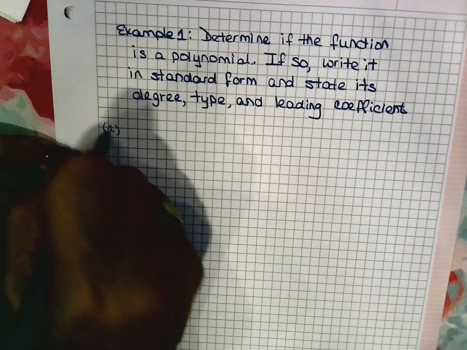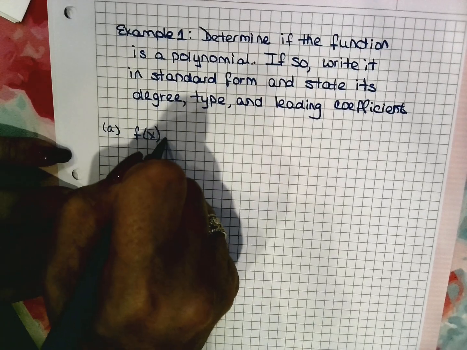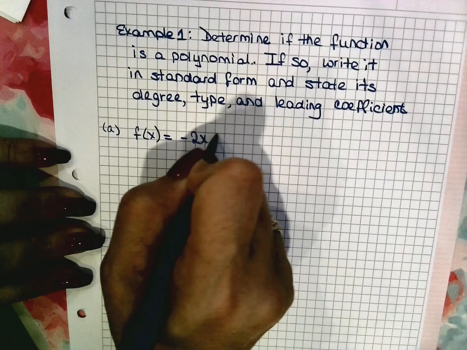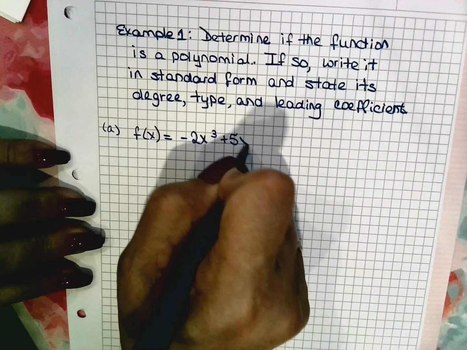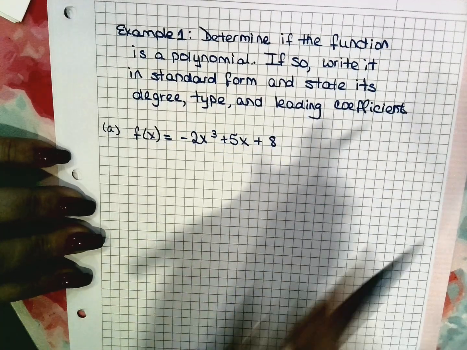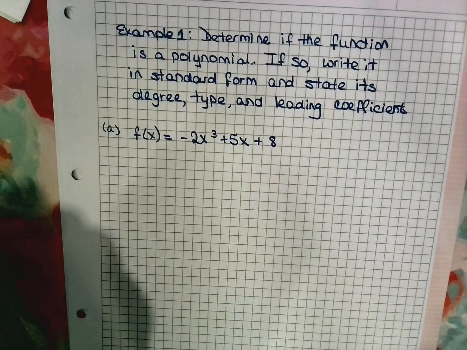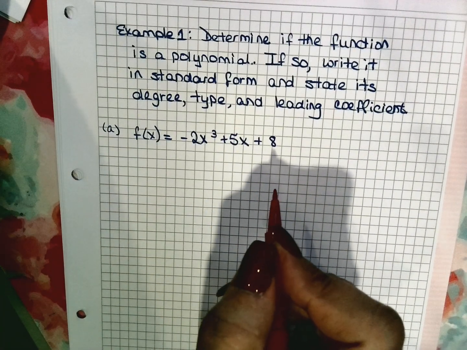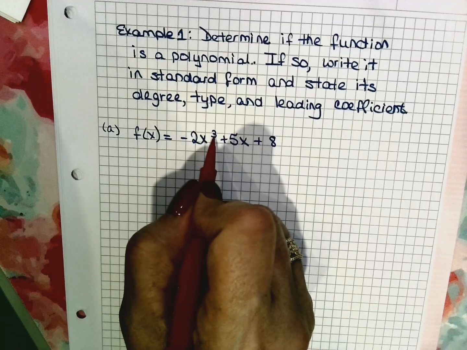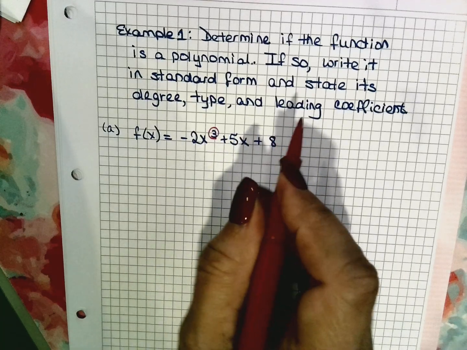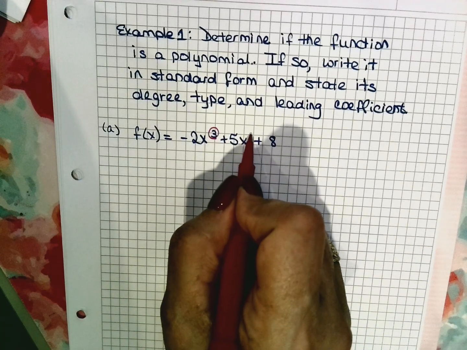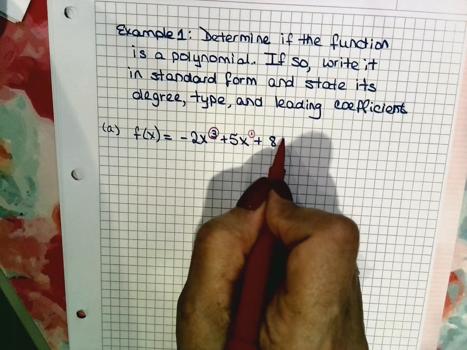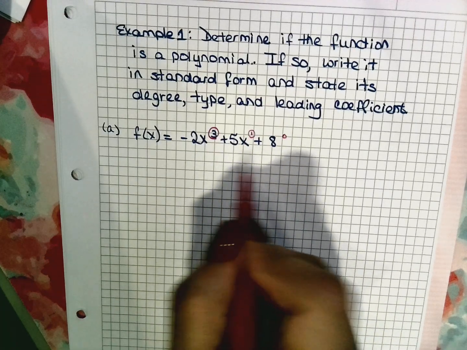Here's example A. They're going to give you f of x equals negative 2x to the third plus 5x plus 8. Now the question is, is it a polynomial? Well, one of the things that have to be true is that your exponents have to be whole numbers. So this is 3, this is to the first, and this is 0, because it's your constant.